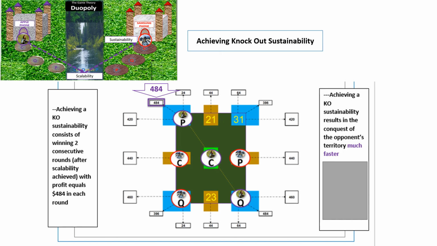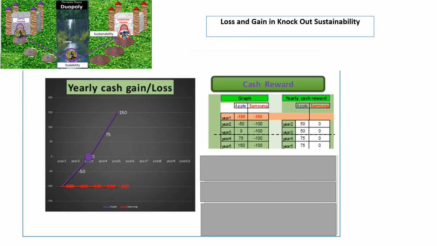Achieving a knockout sustainability results in the conquest of the opponent's territory much faster. That means the complete dominance of the market and the winner of the game or the competition. This is to provide a numeric assessment in terms of loss, gain, and knockout sustainability.